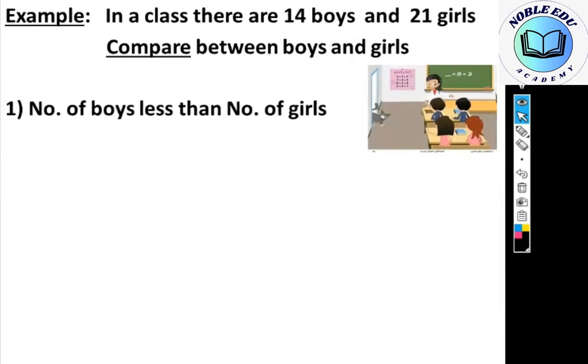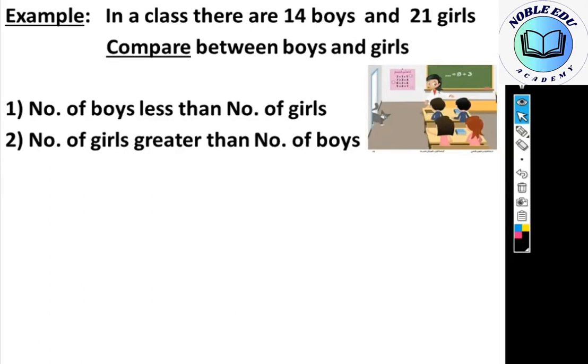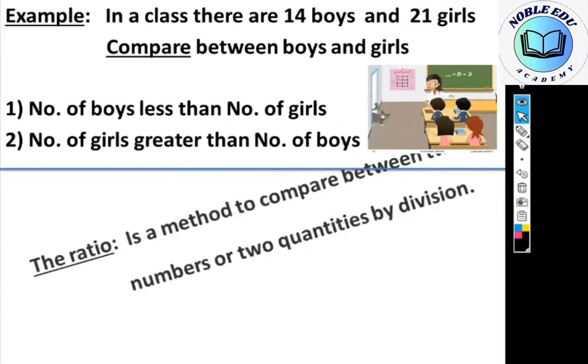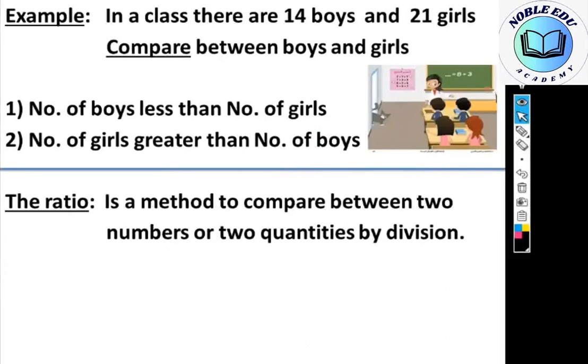Another one says the number of girls is greater than the number of boys. So you can now compare two numbers. It's called what? It's called a ratio. When you compare two numbers, or two quantities, it's called a ratio. A ratio is a comparison between two numbers or two quantities by division in the same units.